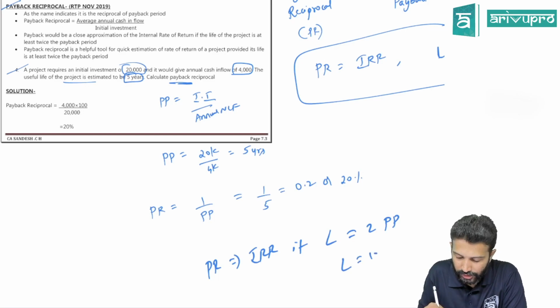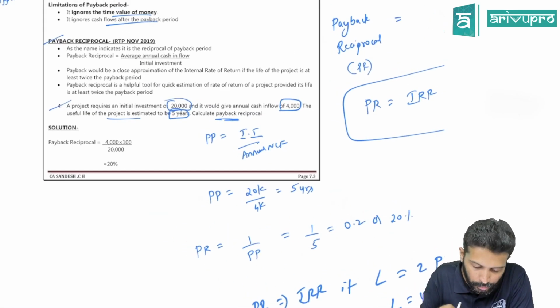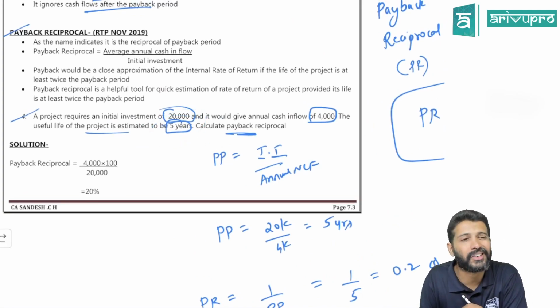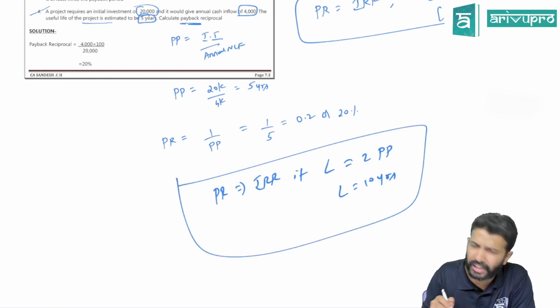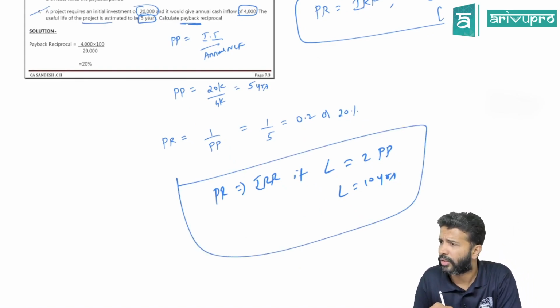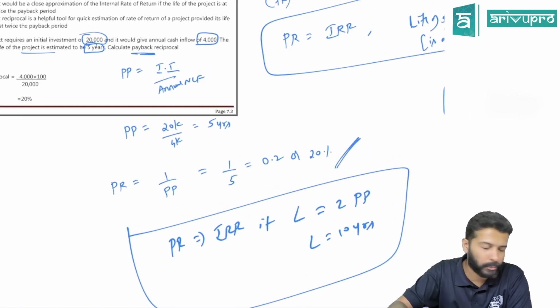That means life should be at least 10 years in this case. 5 into 2, which is 10 years. Is the life of the project 10 years or lesser than that? Lesser. So here it will not work out, but you need not mention that, because they only asked us to calculate payback reciprocal. So you can stop your answer at payback reciprocal itself.